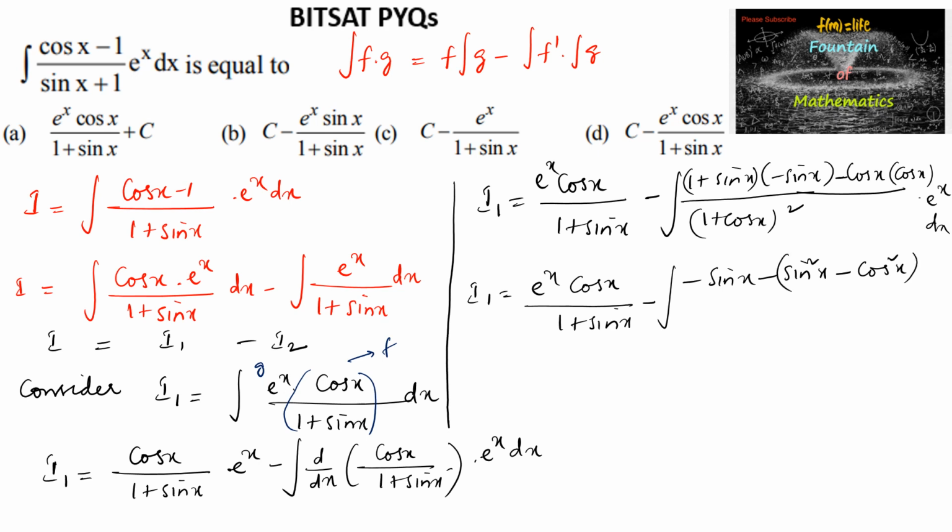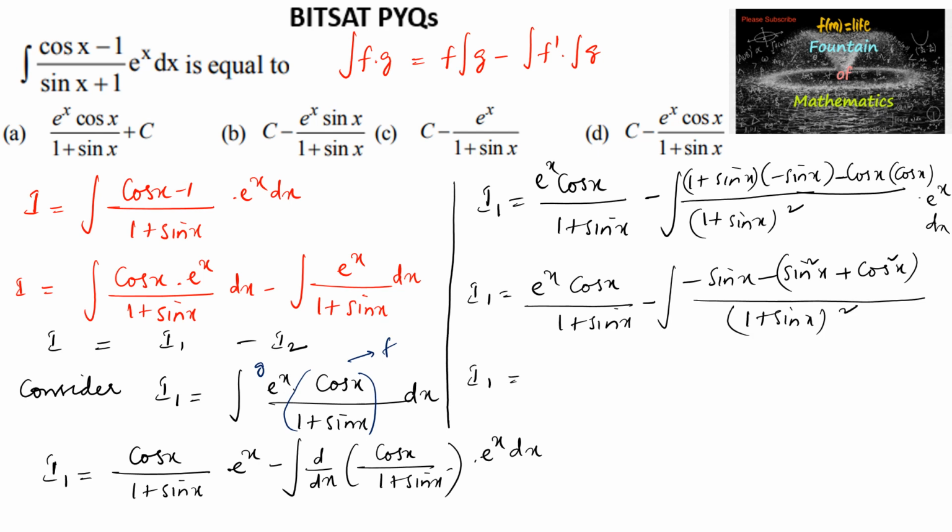If minus is taken common, sin square x plus cos square x is 1, and the denominator is 1 plus sin x whole square.